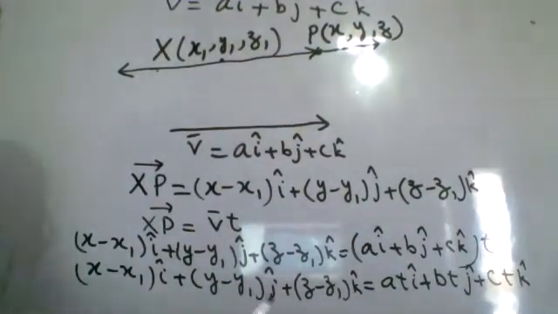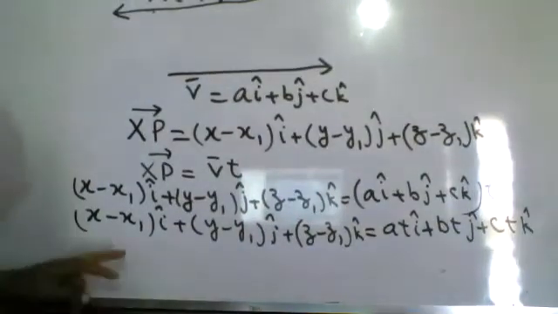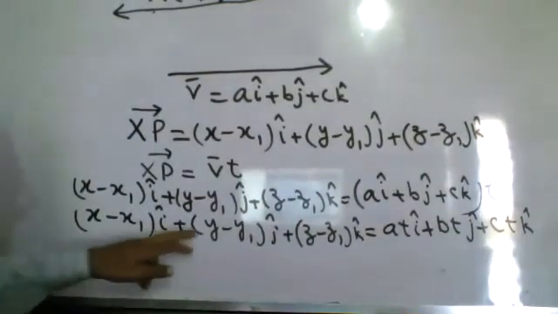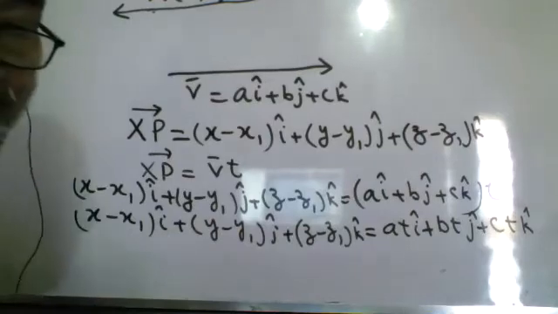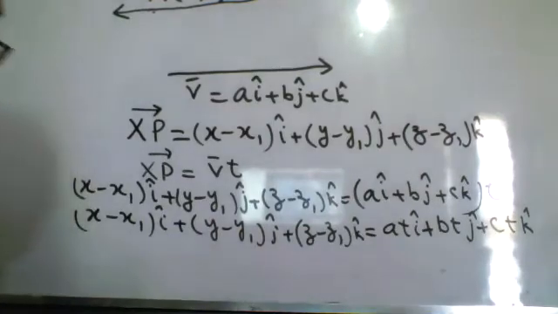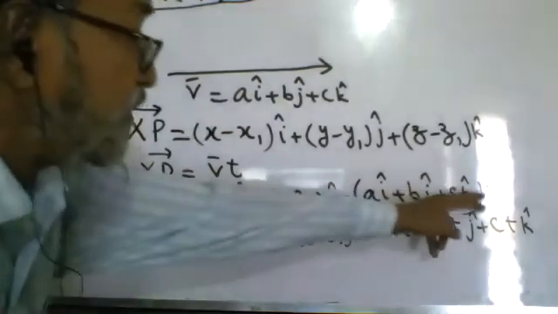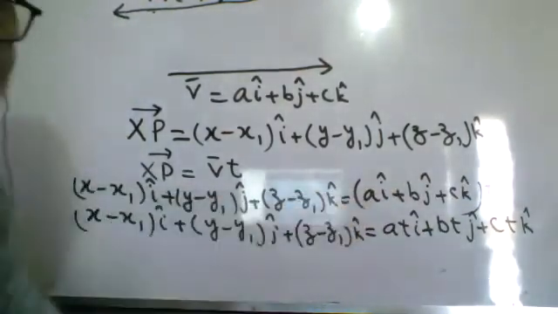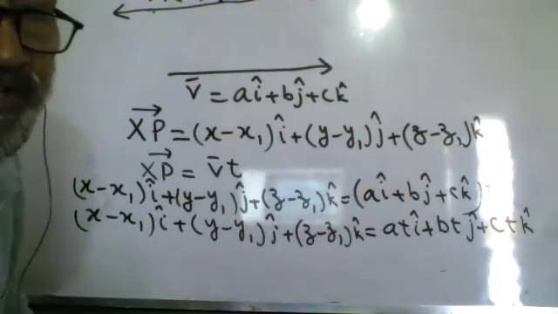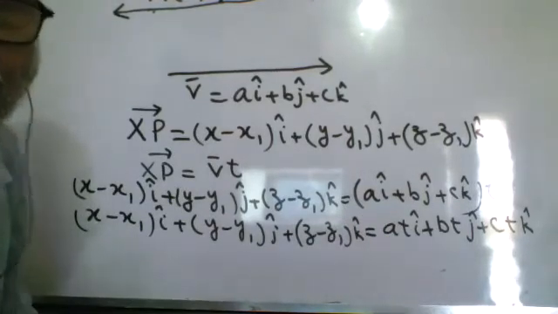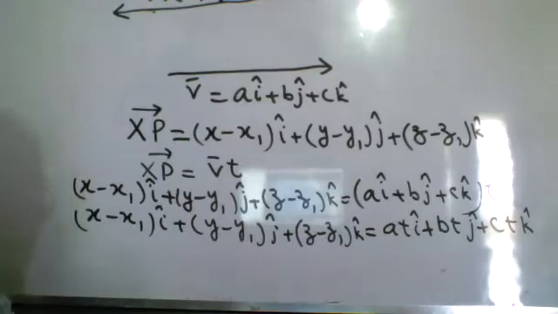These two vectors are equal: x minus x1 i plus y minus y1 j plus z minus z1 k is equal to, you open this and multiply with t, so ati plus btj plus ctk. These two vectors are equal.